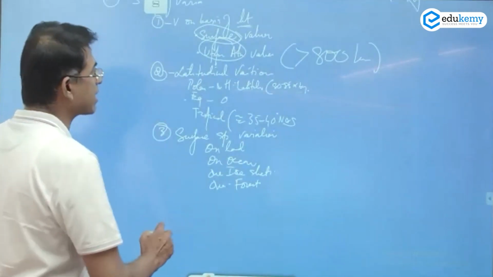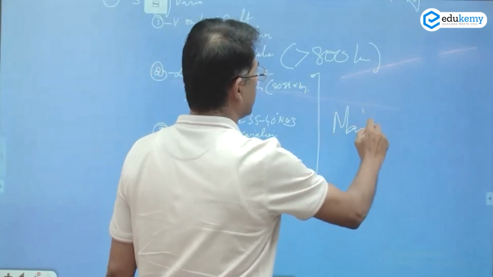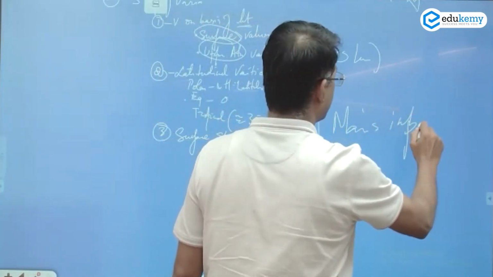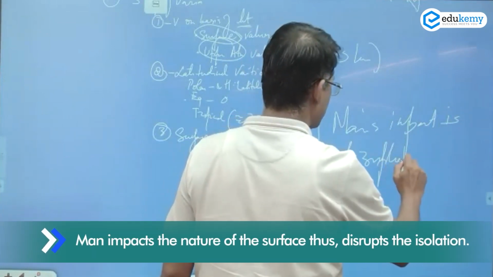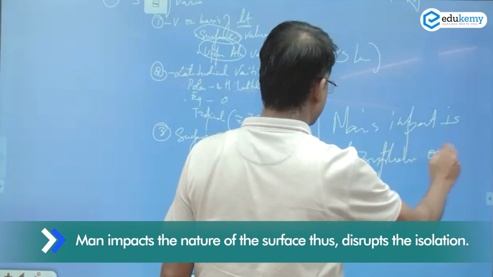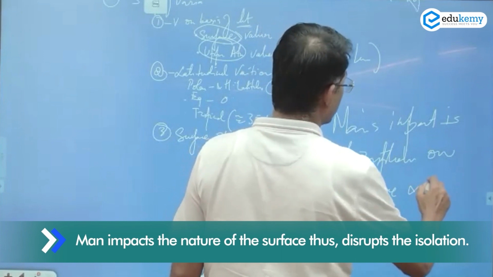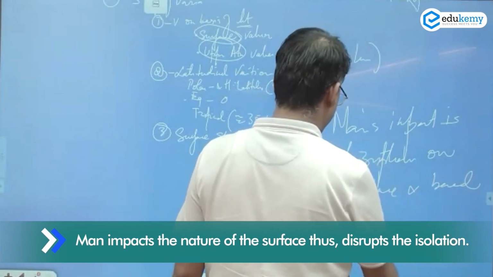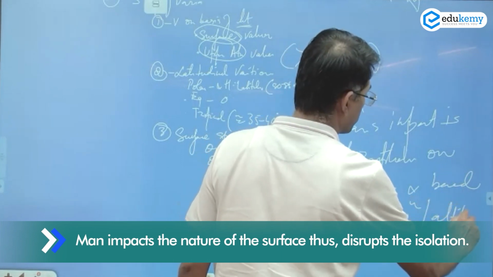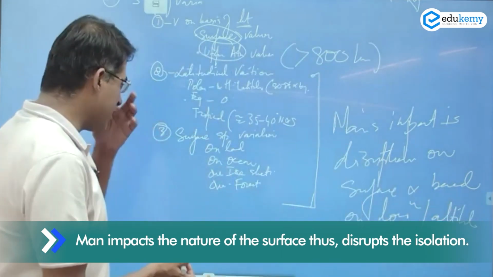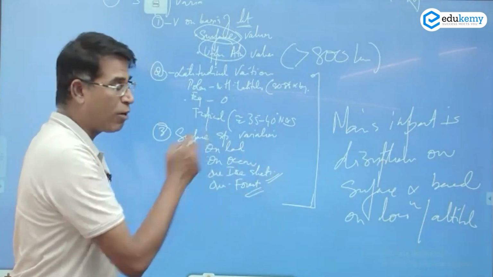So what does man do? What is man's impact here? Man's impact is disruptions on the surface, and disruptions based on the locations and the altitudes. So man will change the amount of ice cover. Man changes the amount of forest.